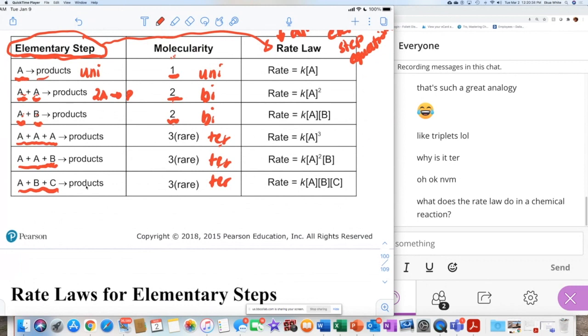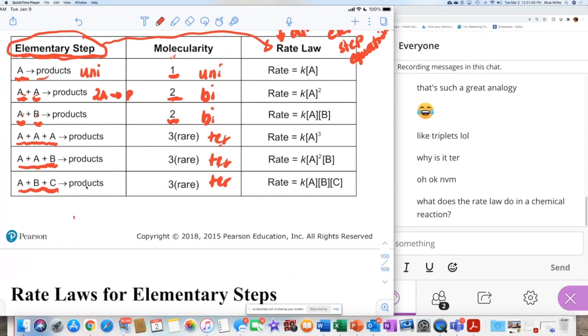For that one, I have to use a relay race scenario. In a relay race, you have many players, usually four, that are supposed to all run. All four have to run to complete the race. And each runner can help the group win, right? Some people run very fast, some people don't run very fast.